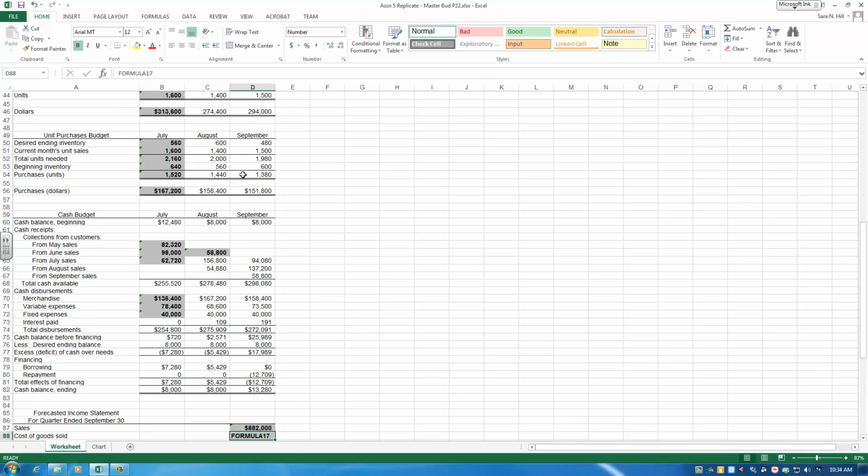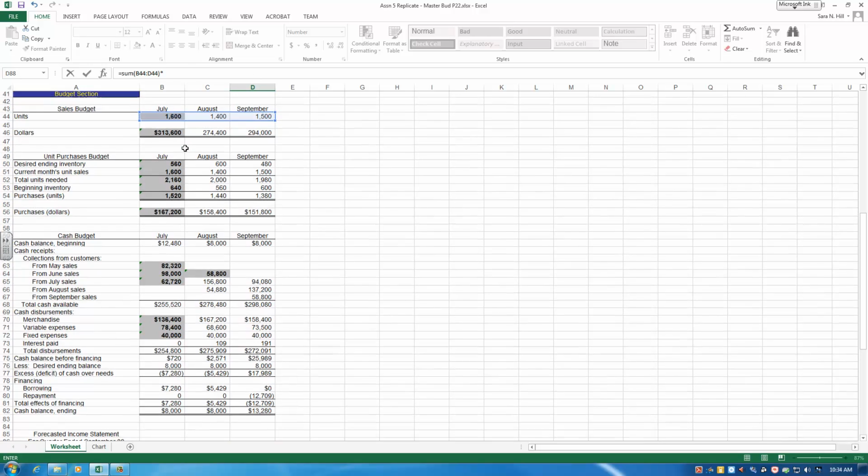Now, cost of goods sold, we can go ahead and sum the units up in row 44. We can just see that at the top of our screen. But we're also going to want to multiply that by the amount that we paid for those units. So let's go up and find that up in our data.